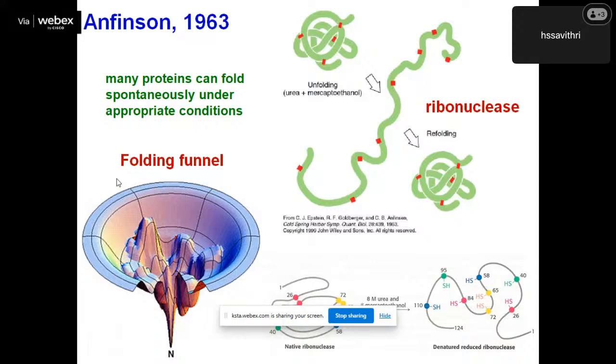This is a compact chain. If you think of the necklace with beads, this is a compact structure of that necklace. But you treat it with heat or some other compound, it loses structure, and the bead necklace becomes a long chain. You remove those, you cool it, or you remove those compounds, it actually folds back to its original structure, not any other structure. Unique original structure.